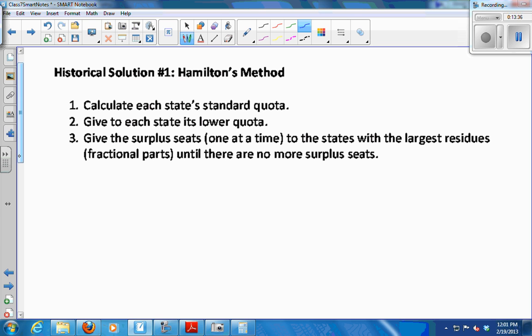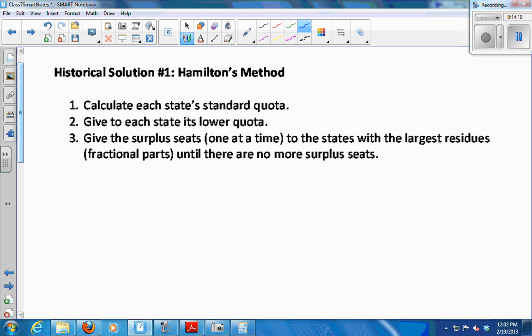All right, so the first historical solution to this problem of apportionment in the United States was called Hamilton's method. So we're going to have a lot of founding fathers' names in this. It turns out that to be a politician back when the country was being founded, you had to also be a bit of a mathematician to be able to propose these ideas of how we were going to solve this problem.